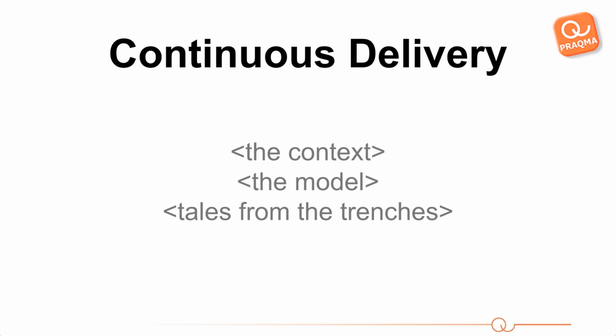This is the agenda for today. First, I want to take you through the context of continuous delivery, trying to put in what is actually continuous delivery, what is it, what are we trying to achieve. Then I want to take you through the model that we have created, and I hope some of you have also been going through our short survey about how to assess your own continuous delivery maturity.